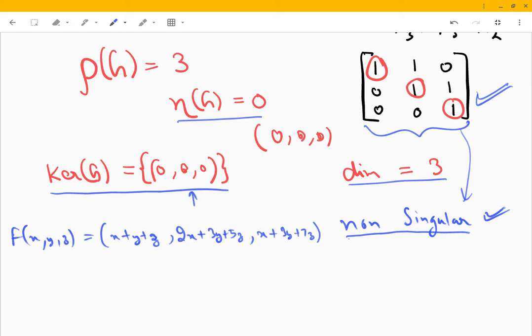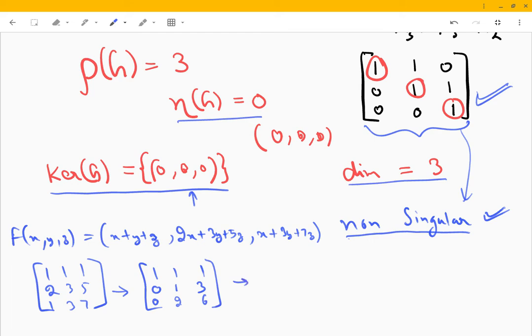Is that the example I intended to take? Okay, let's form the transformation matrix: 1 1 1, 2 3 5, 1 3 7. I'm doing it quickly. 1 1 1, then 3 minus 2 is 1, 5 minus 2 is 3, 1 minus 1 is 0, 3 minus 1 is 2, 7 minus 1 is 6.